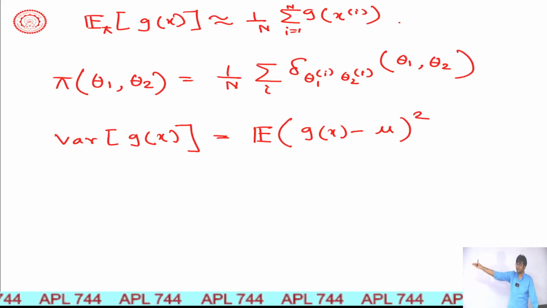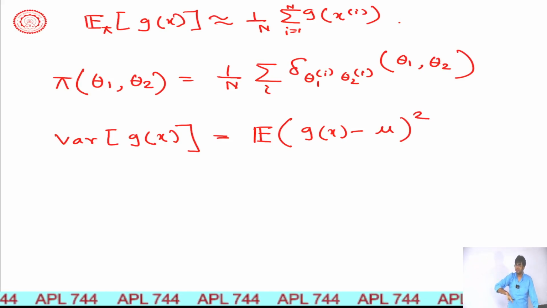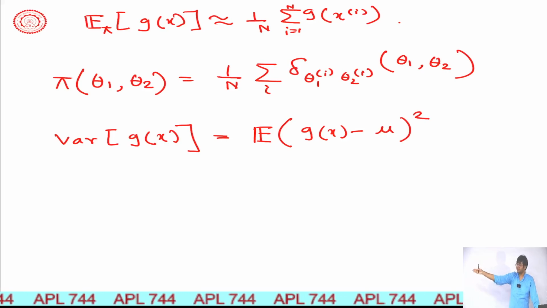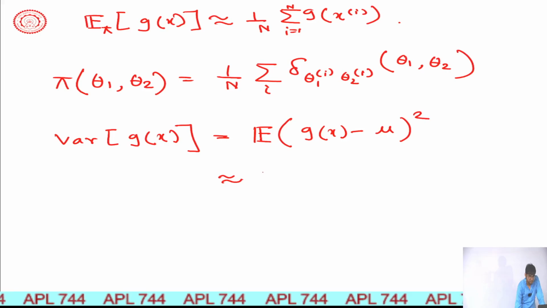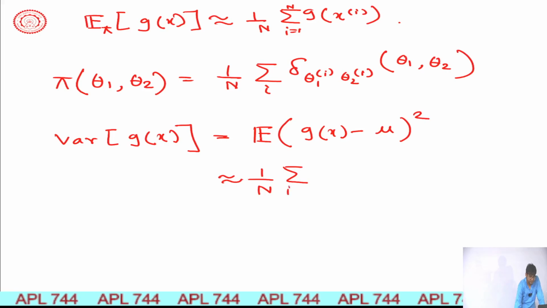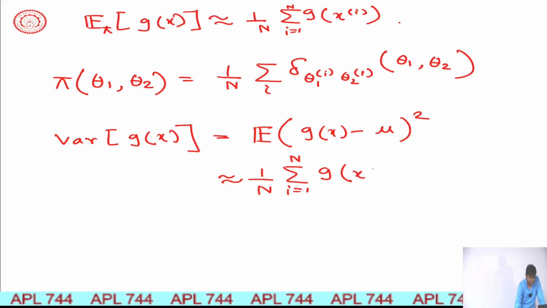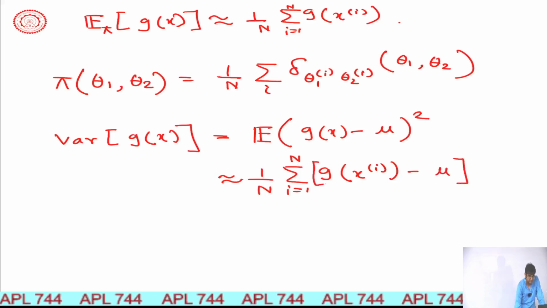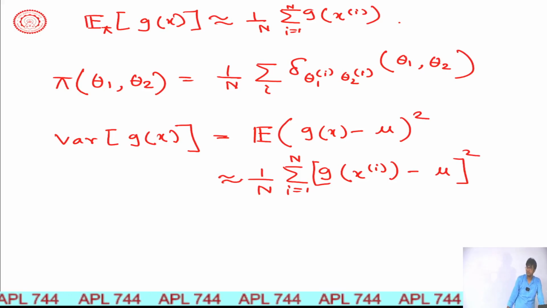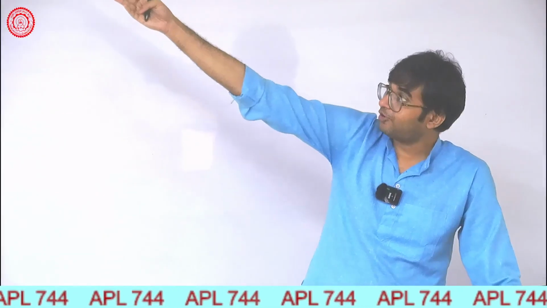I have my expectation. Now I use the law of large numbers that will represent it as a summation. So this then is equal to 1 by n summation i equal to 1 to n of g of xi minus mu, squared. Okay, where mu you have already calculated in the top line.